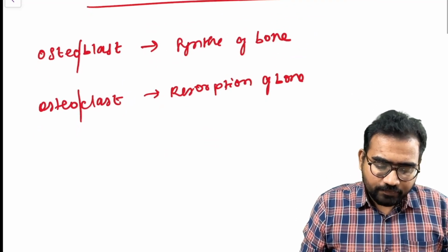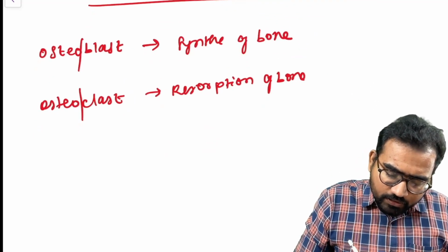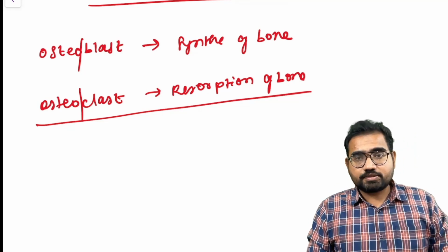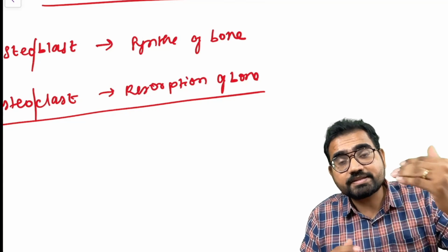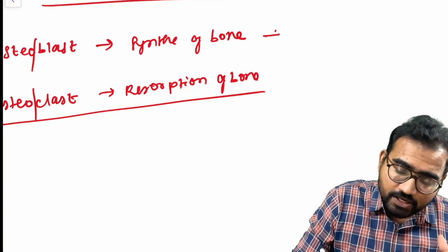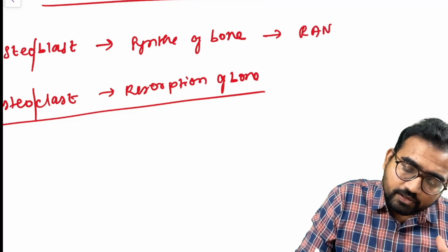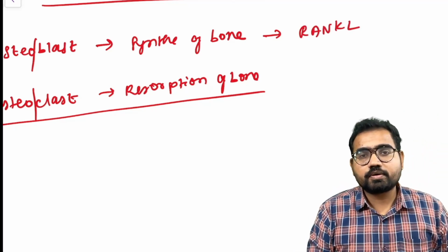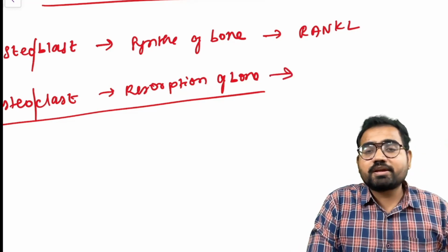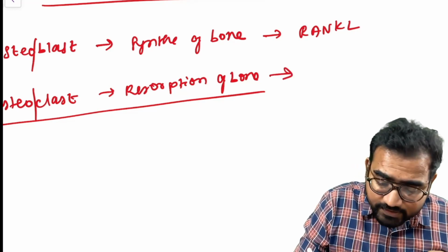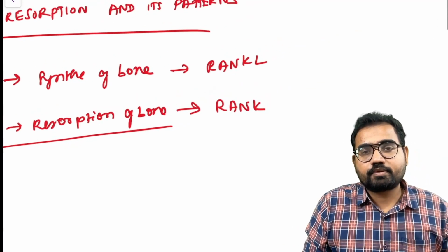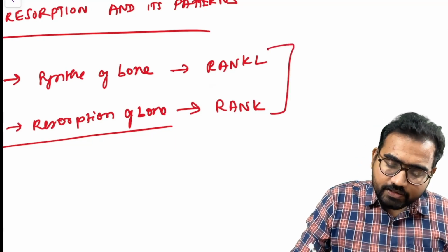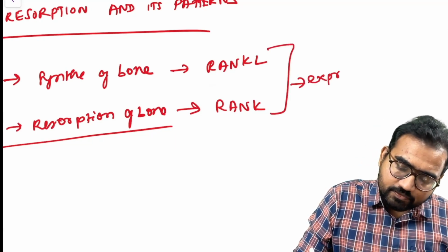Now, if we take a look at an osteoblast, it will have some receptors on its surface, which I'm going to name RANKL. An osteoclast similarly will have some receptors on its surface. I'm going to call that RANK.